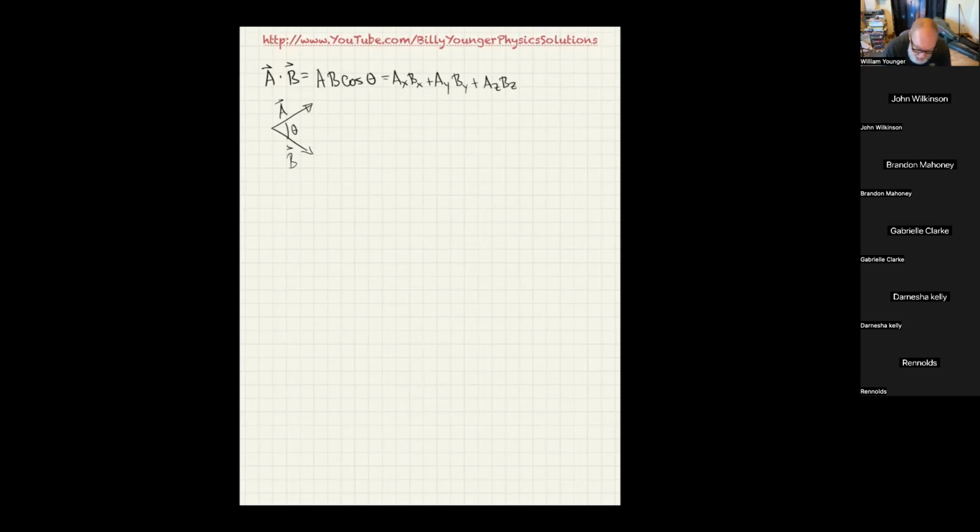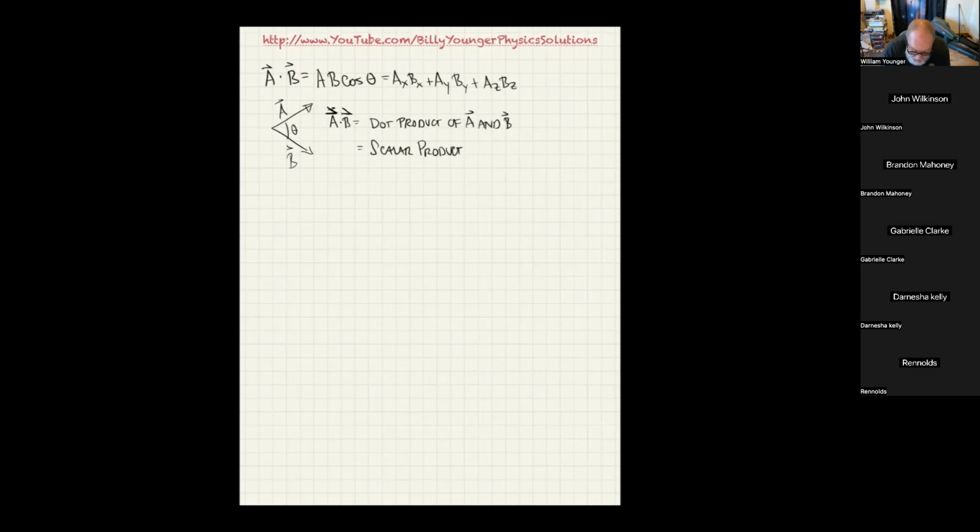And I'll say A dot B equals the dot product of A and B, but it's also called the scalar product, because I've seen students over and over do this, so make sure you don't.